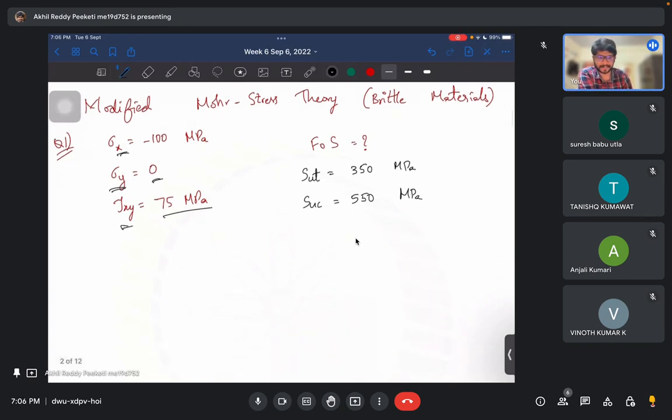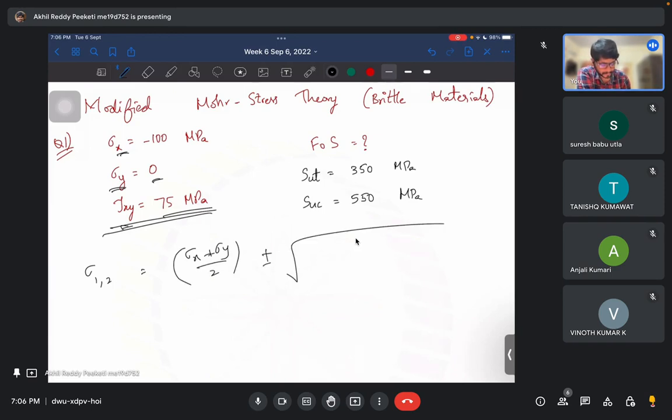We should estimate the principal stresses, right? When it's in 2D, we can directly estimate them through the formula: (sigma x plus sigma y)/2 plus or minus the root of ((sigma x minus sigma y)/2) squared plus tau xy squared, right?